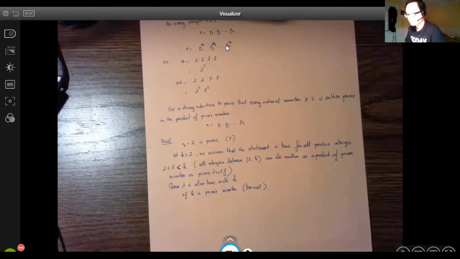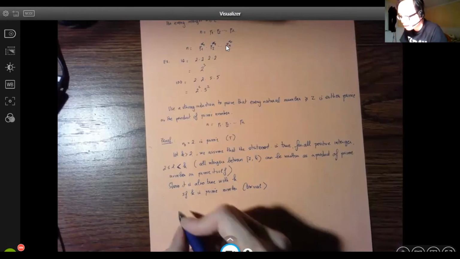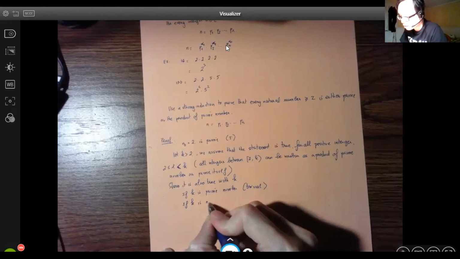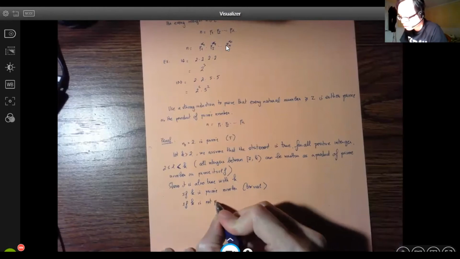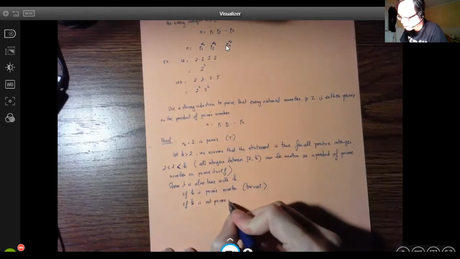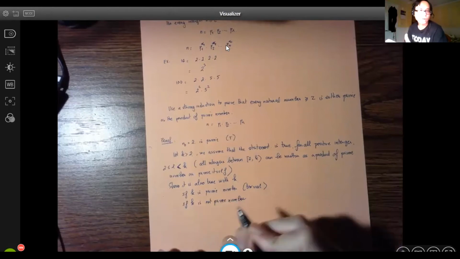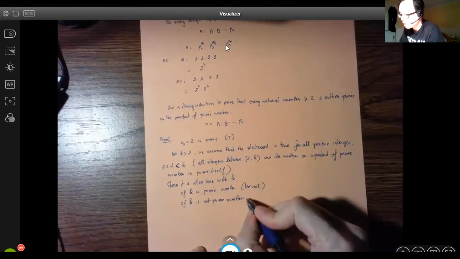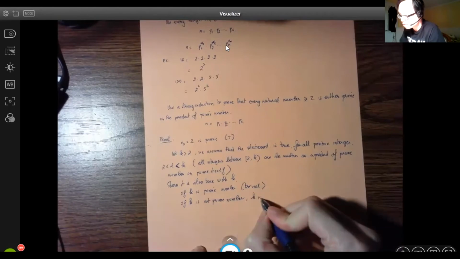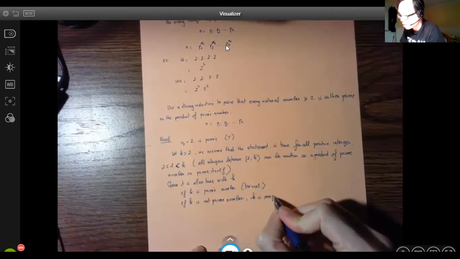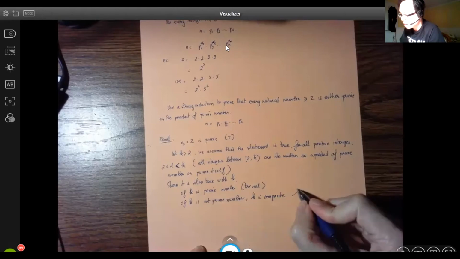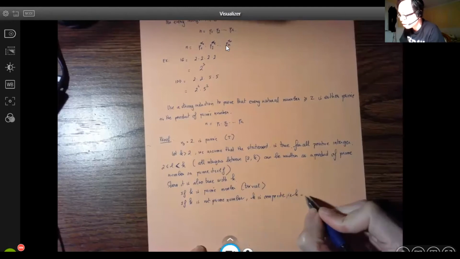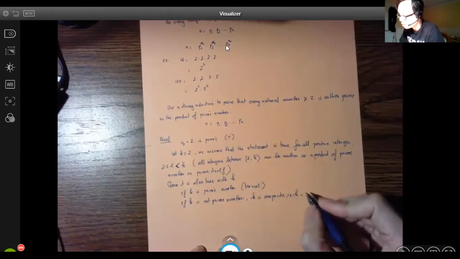But what if k is not a prime number? Then k is a composite, which means you can write k as a product of a and b.